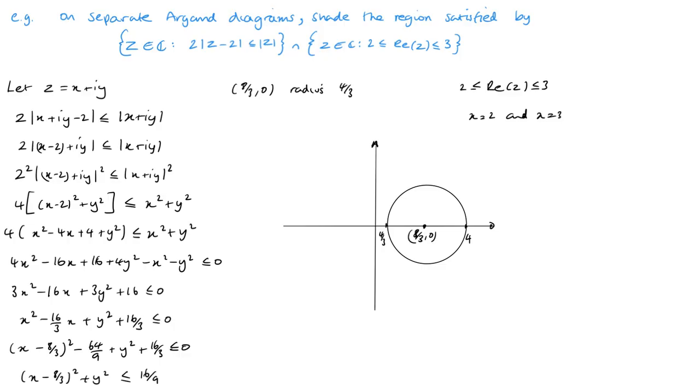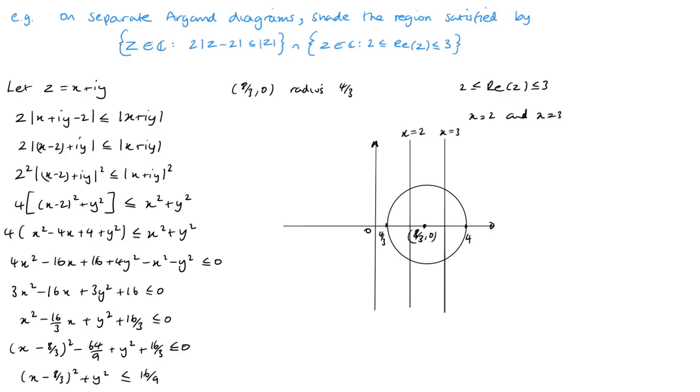And 4/3 is 2.6 recurring. So for the vertical lines going through 2 and 3, I'm going to draw them roughly there and there. They don't obviously have to be perfect, it's a sketch, but they need to make sense.